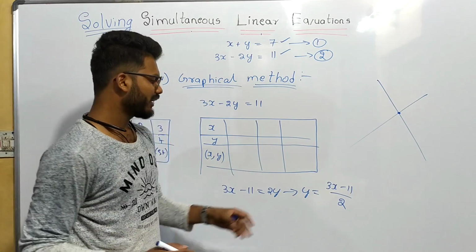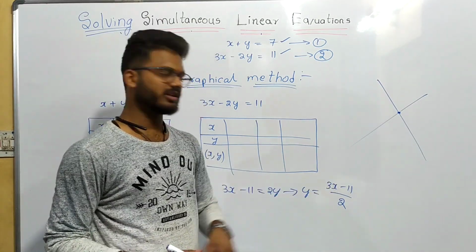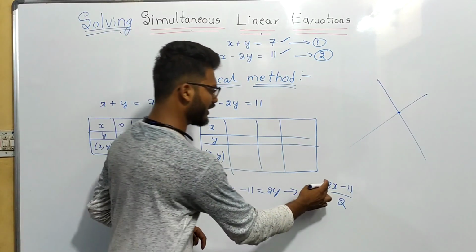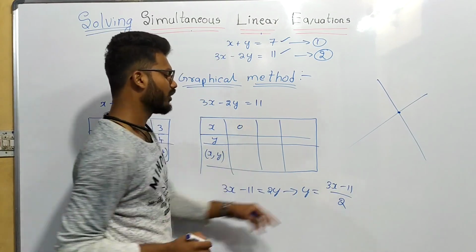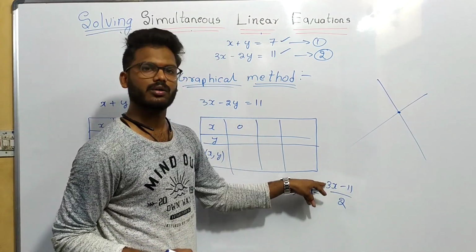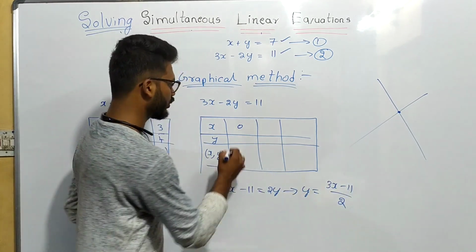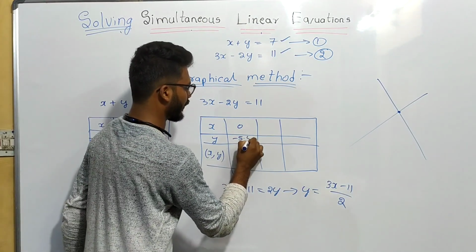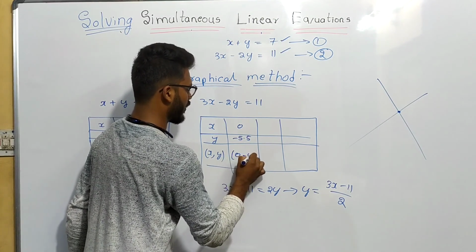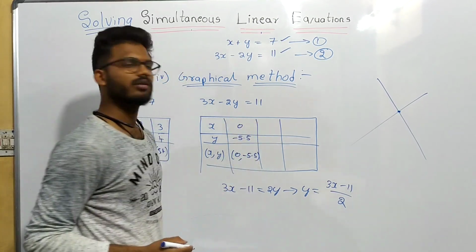Now take values. Suppose x is 0. What will we get? 3 into 0 is 0. Minus 11, so minus 11 by 2 gives minus 5.5. So 0 comma minus 5.5.